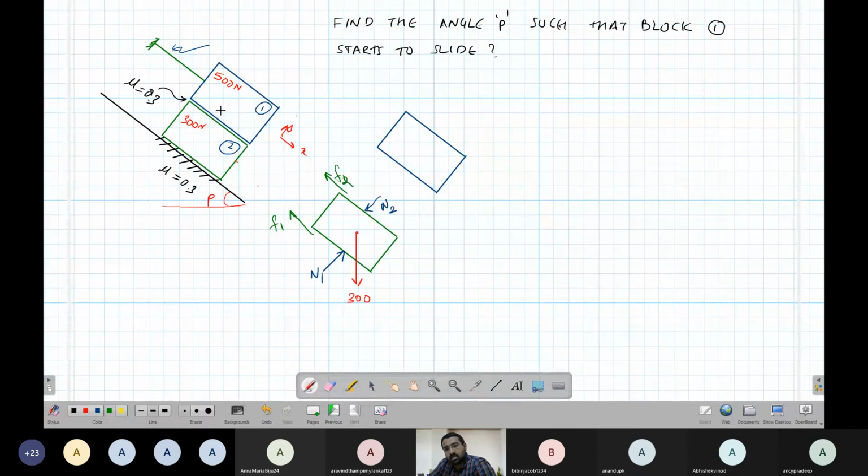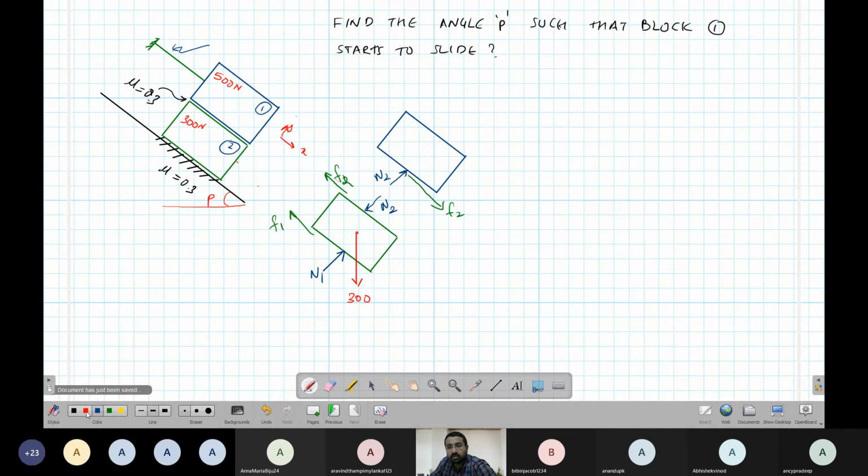If you observe, we can see that this body is moving in this direction with respect to this body, so friction is in the opposite direction. Once a friction force is drawn here, the same friction force will act in the opposite direction here. Here we also need the same contact force.